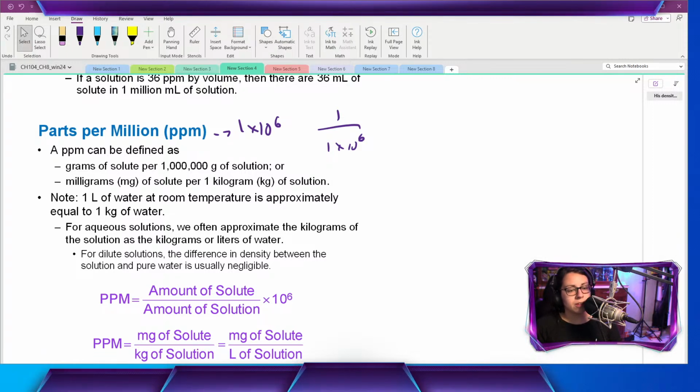It depends on the toxin, and then, of course, what is allowed or appropriate. Sorry, trying to pull up the water report.